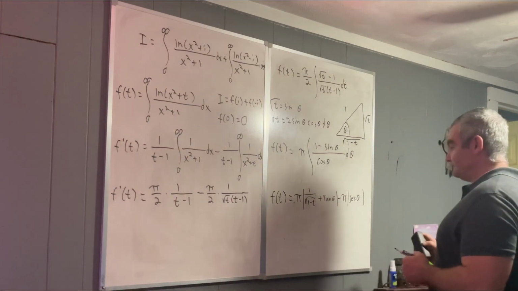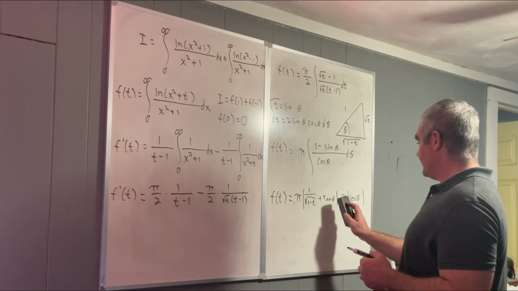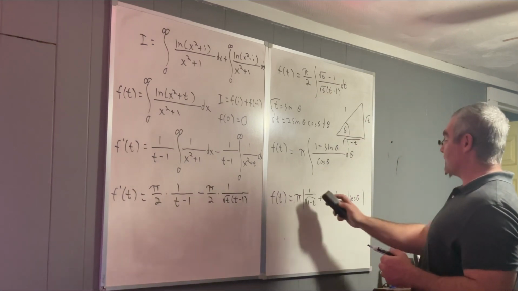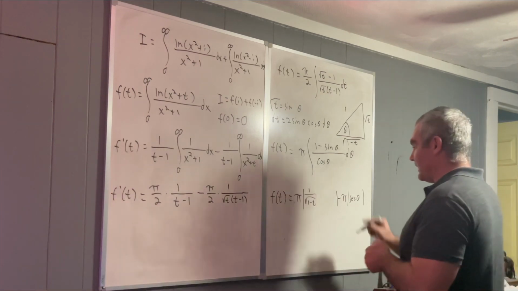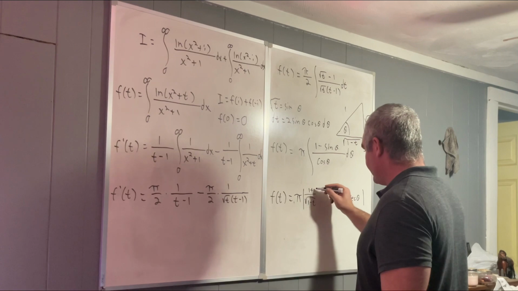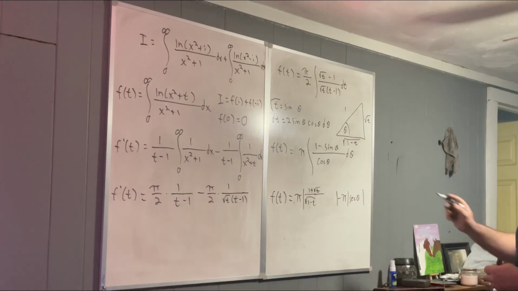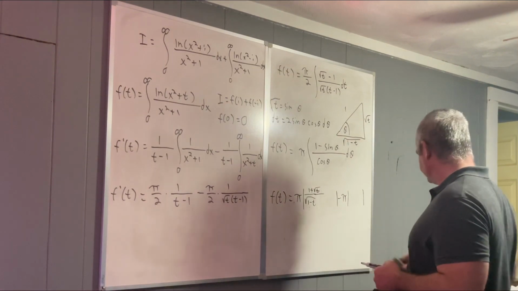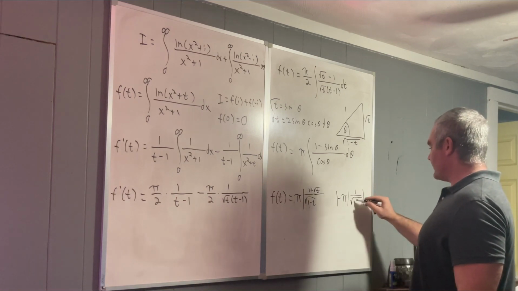Tangent theta is square root of t over square root of 1 minus t. So we'll just go ahead and put a plus square root of t there. And then this, of course, becomes 1 over the square root of 1 minus t.